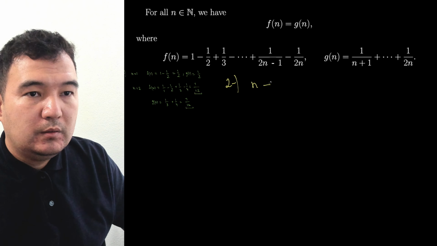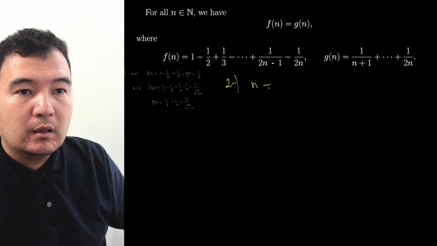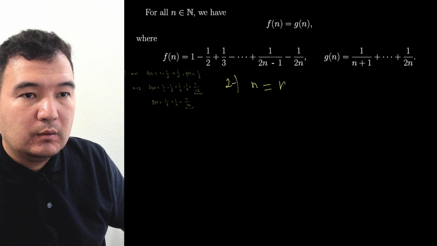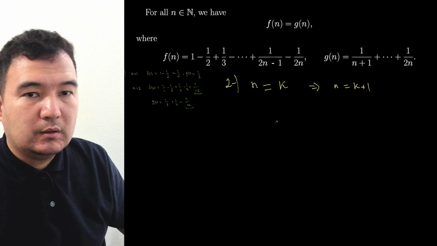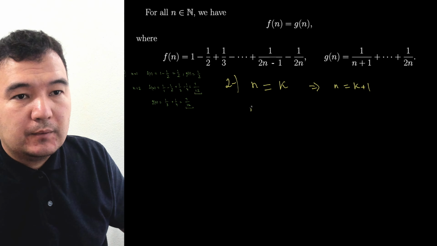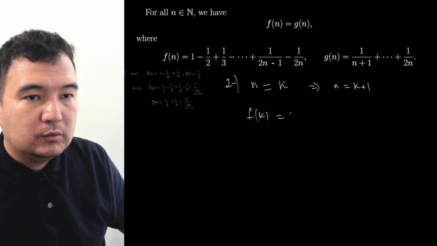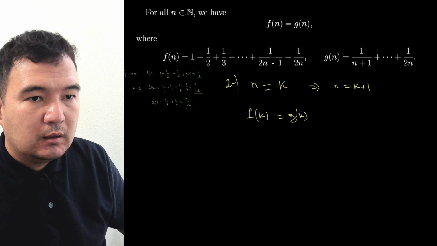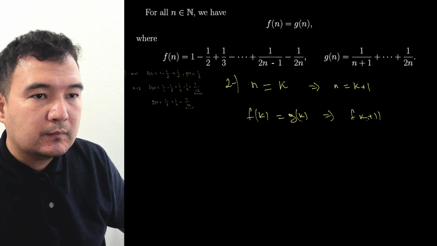We would assume that n equal to k makes the equality correct, and then prove that n equal to k plus 1 is correct. So basically, if f of k is equal to g of k, we want to prove that f of k plus 1 is equal to g of k plus 1.